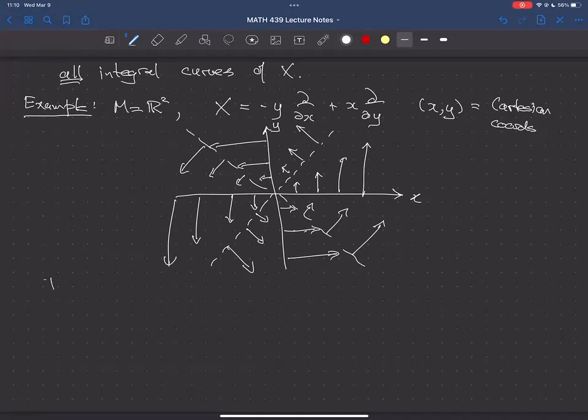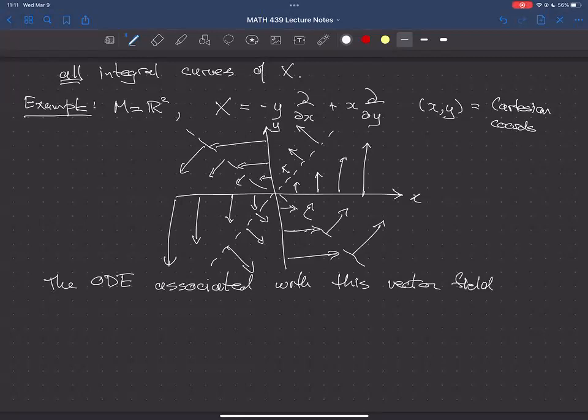So the ODE associated with this vector field: I have my coordinates x and y, and these are coordinates that are globally defined here. So this really is defining all of the integral curves of capital X. It's very simple.